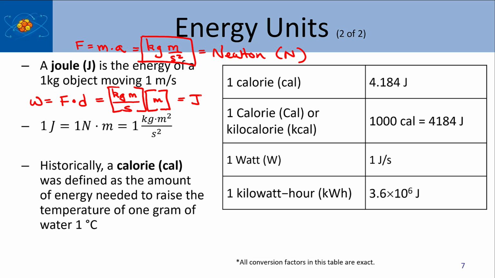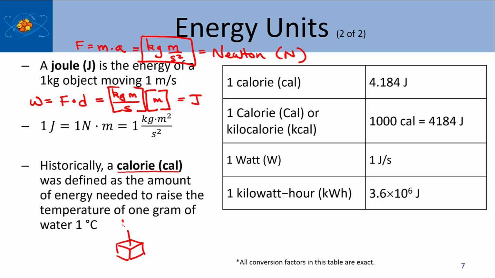Now, having said that, another important unit is the calorie. The calorie was defined far, far before the SI system was defined. And really, it was the energy required to raise the temperature of 1 gram of water 1 degree Celsius. Imagine you have a little cube, a centimeter on a side, so a cubic centimeter.